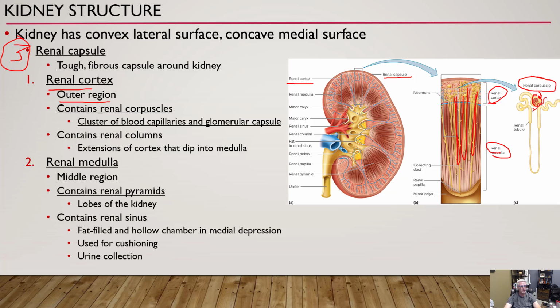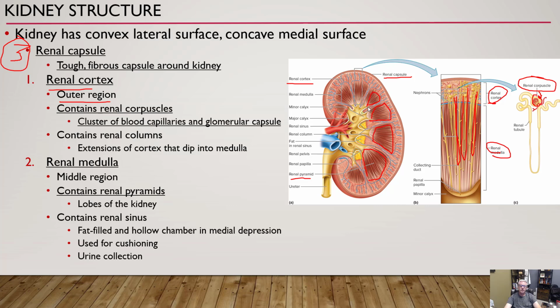So the renal medulla itself is the middle region, and it contains these things called renal pyramids. You can see these renal pyramids here, these pyramid-looking shapes. Each kidney is going to have about 8 of these pyramids.